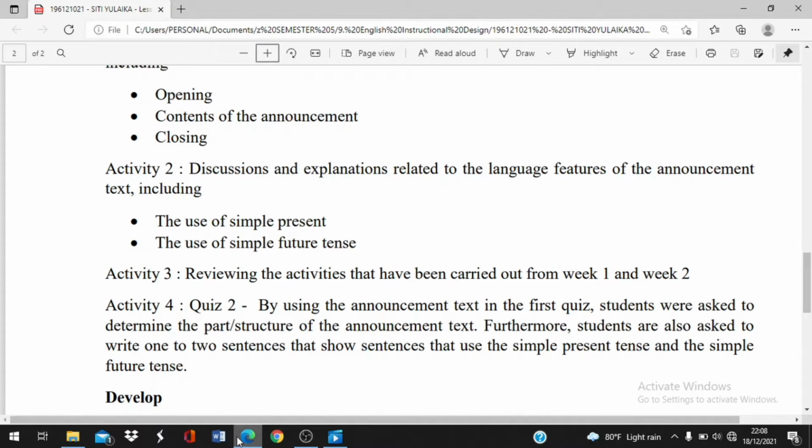By using the announcement text in the first quiz, students are asked to determine the part or structure of the announcement text. Furthermore, students are also asked to write 1 to 2 sentences that use the simple present tense and the simple future tense.